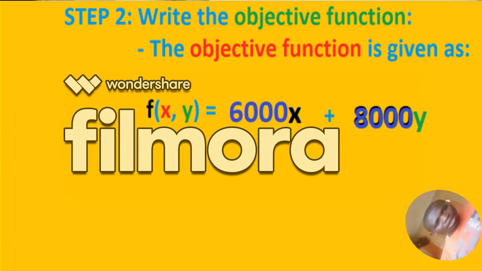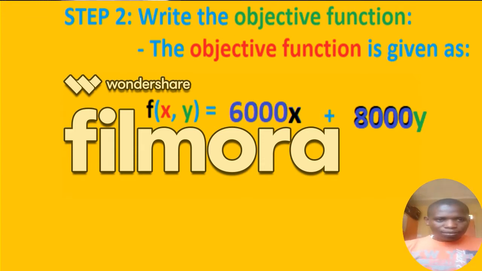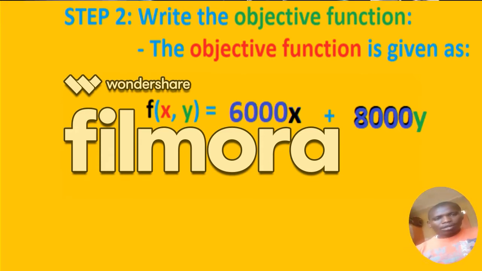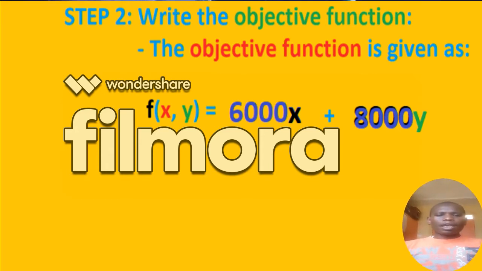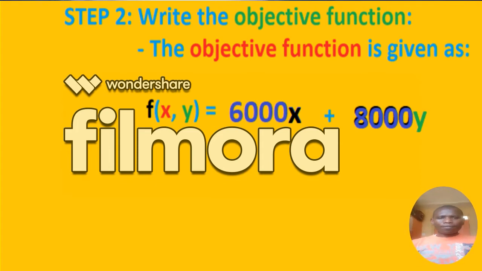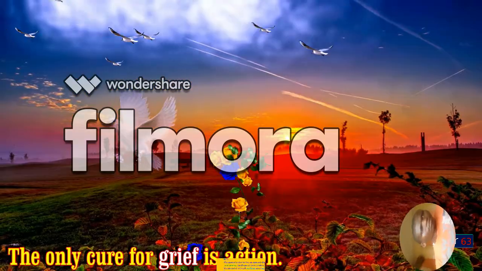For this case, our objective function is going to represent the total cost of the entire trip. So the objective function equation is going to be f(x,y) equals 6,000x plus 8,000y.